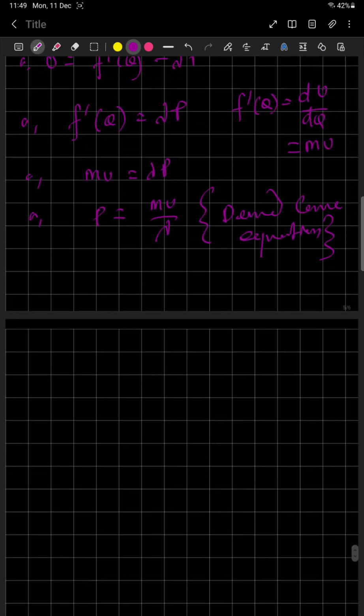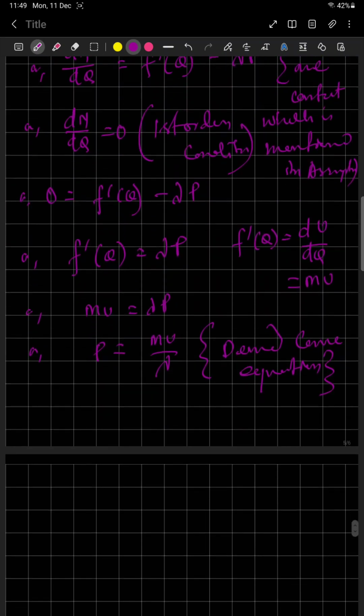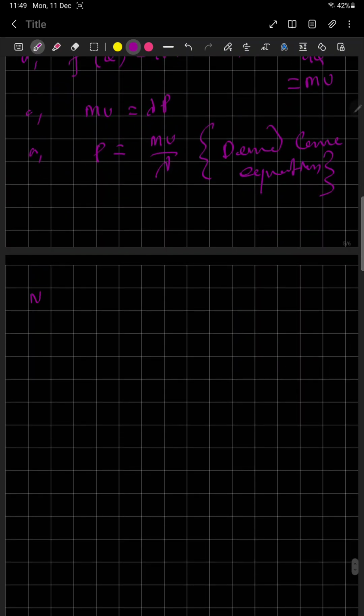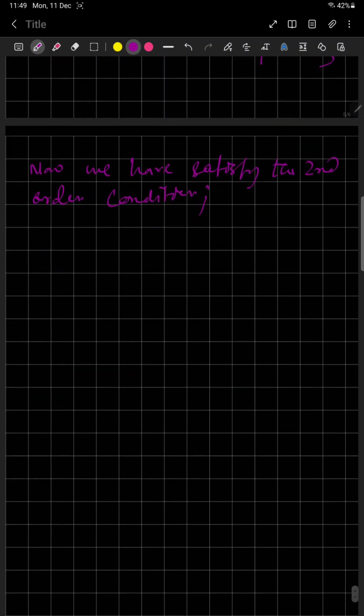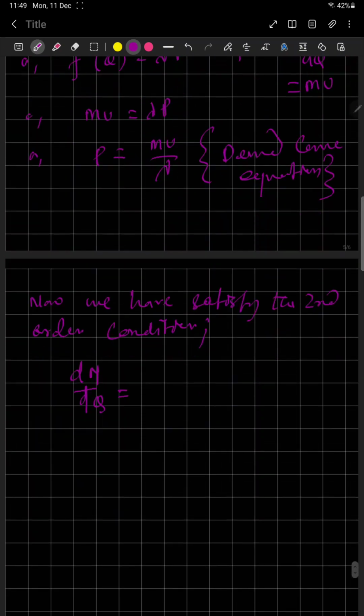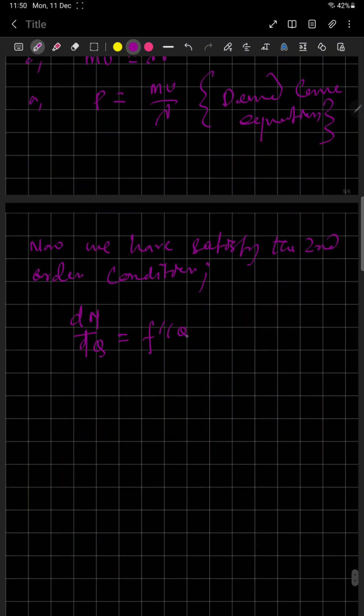So in this way we can derive the equation of the demand curve. Now we have to satisfy the second order condition. dN by dq is equal to f dash q minus lambda p.